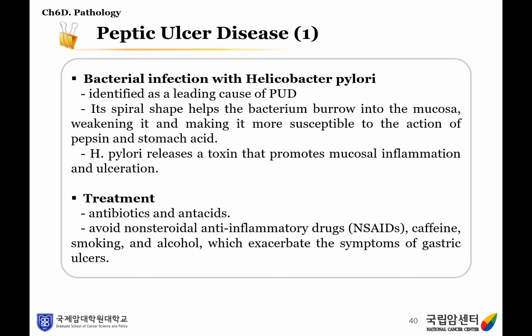H. pylori releases a toxin that promotes mucosal inflammation and ulceration. There is a treatment for H. pylori, antibiotics and antacids. And also, you need to avoid NSAIDs, non-steroidal anti-inflammatory drugs, caffeine, smoking, and alcohol. These can exacerbate the symptoms of gastric ulcers.